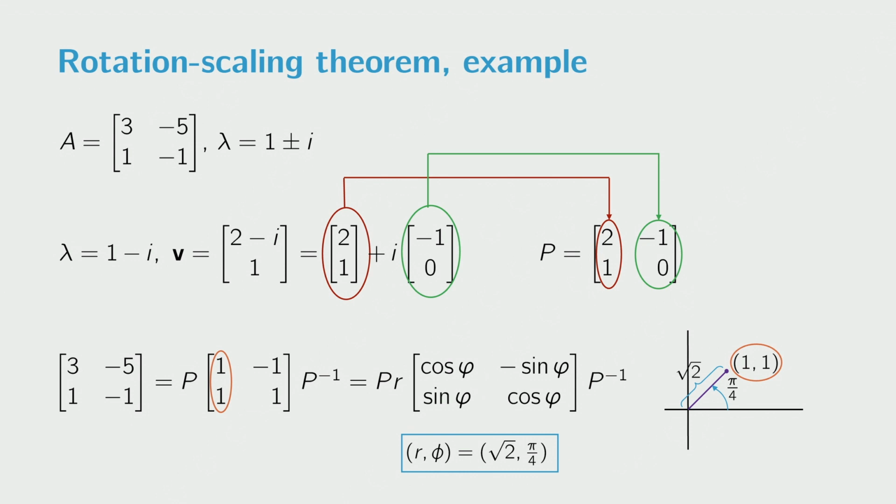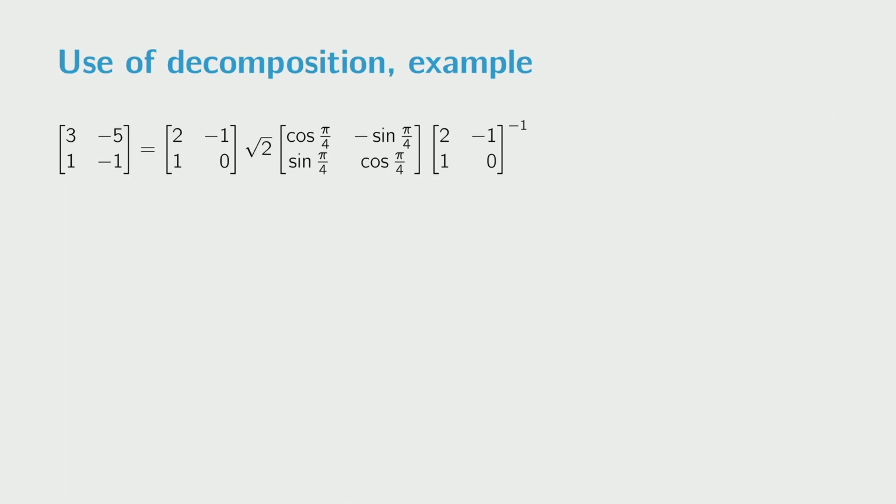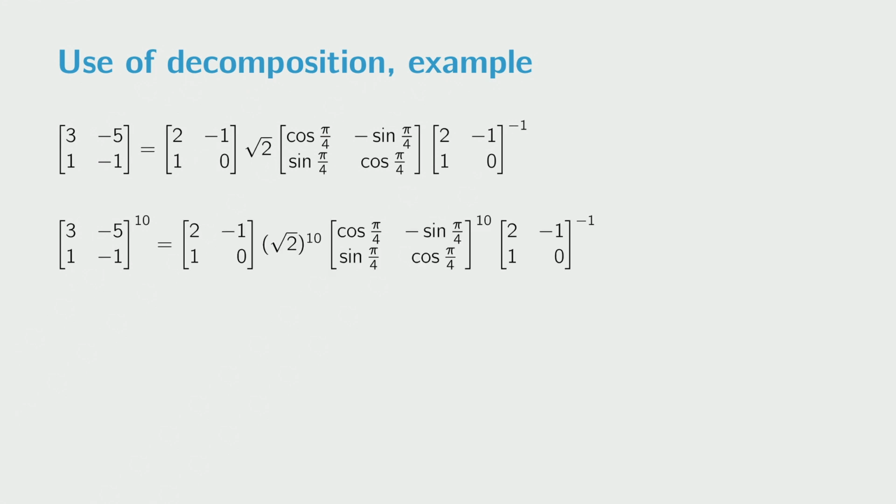Now I want to show you an example of a calculation that becomes very easy if we use the decomposition of A that we have just derived. Namely, the calculation of the 10th power of A. Firstly, we can bring the exponentiation to the rotation scaling matrix in the middle.